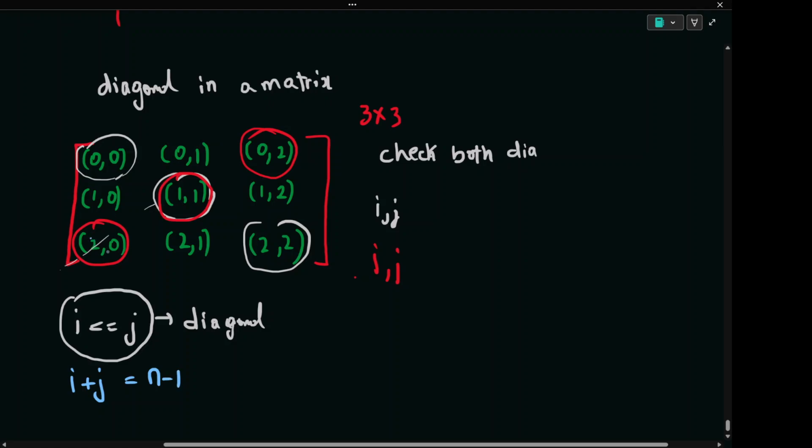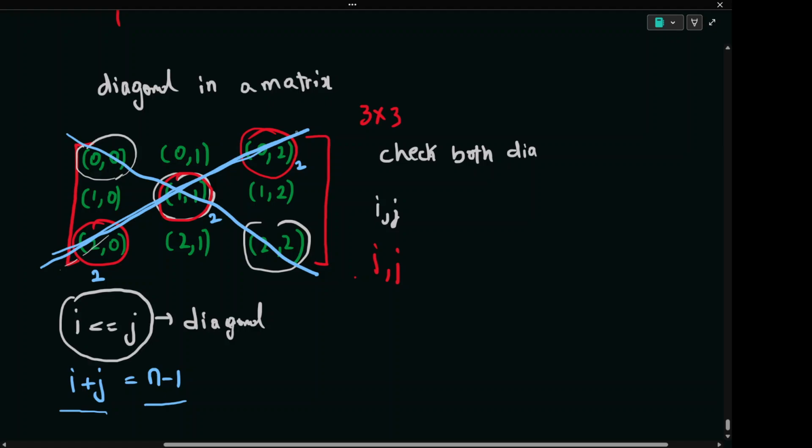If you see here, 2 plus 0 is 2, 1 plus 1 is 2, 0 plus 2 is 2. That is nothing but the other diagonal, and the condition is i plus j equal to n minus 1. So we found out both diagonals. Now, can I say the rest of the elements are not diagonals? It's obvious, right?